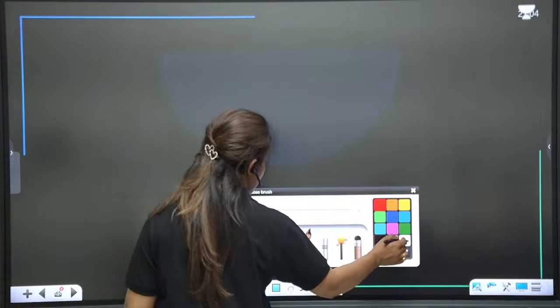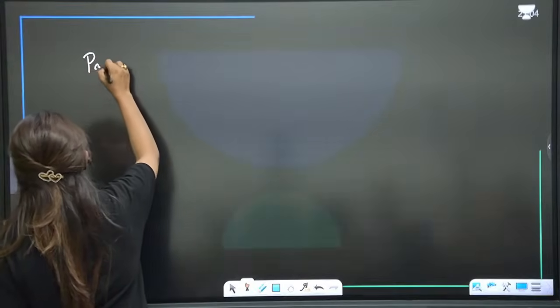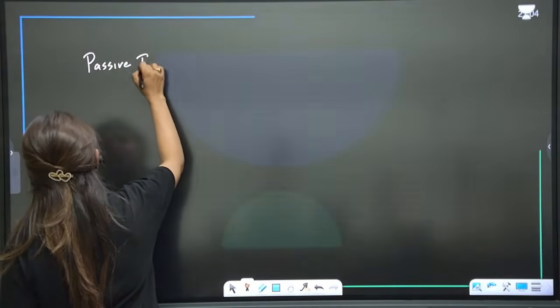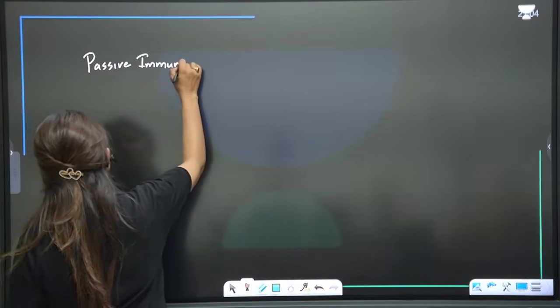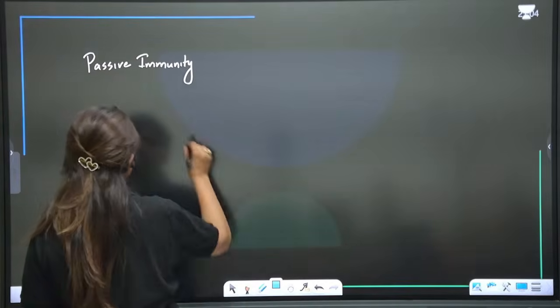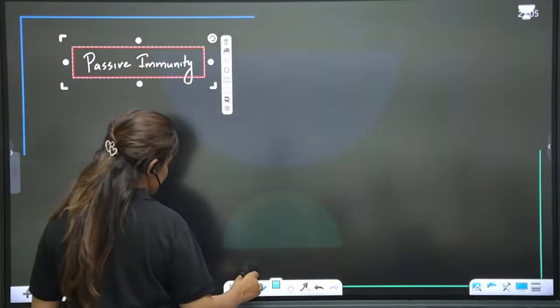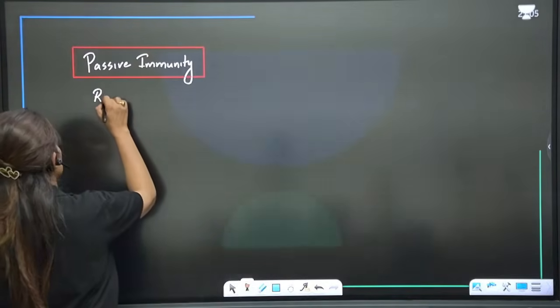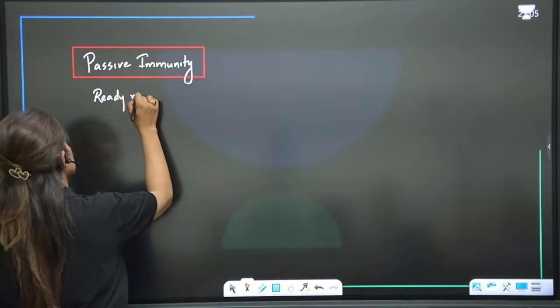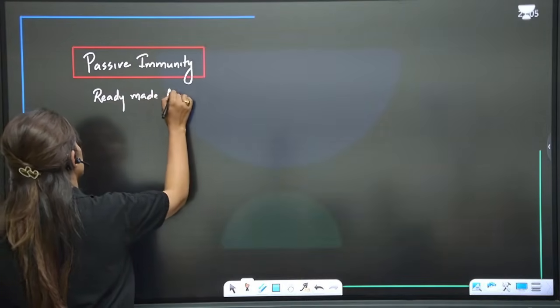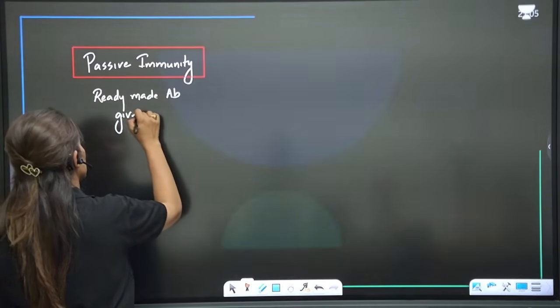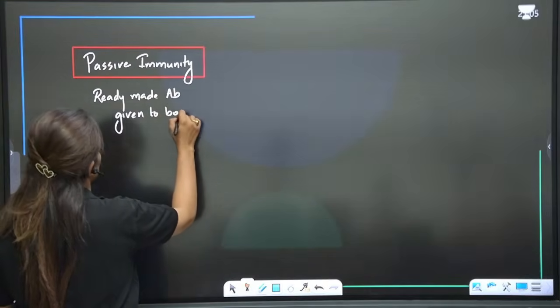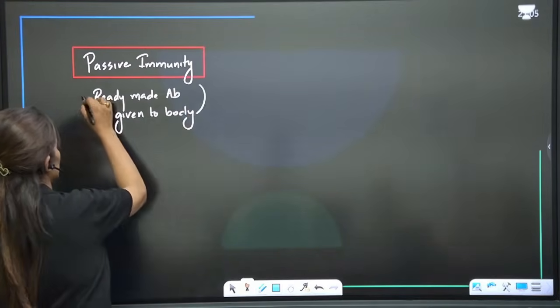Then talking about passive immunity. So in passive immunity, guys, what happens? Ready-made antibodies are given to the body. Is that clear? Ready-made antibodies are given to the body.